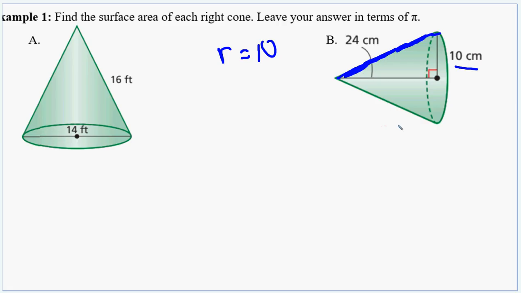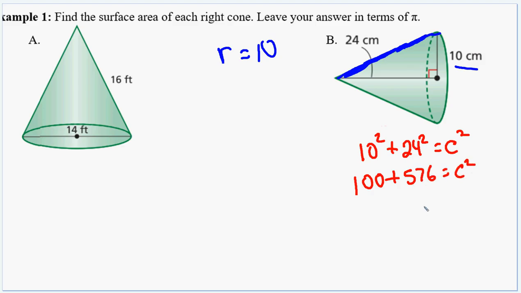So I'm going to switch to red ink and set up a little Pythagoras. 10 squared plus 24 squared equals c squared. 10 squared is 100. 24 squared is 576. If we add that up, we get 676 is c squared. And when I hit the square root button on my calculator, it comes out nice and clean, 26.